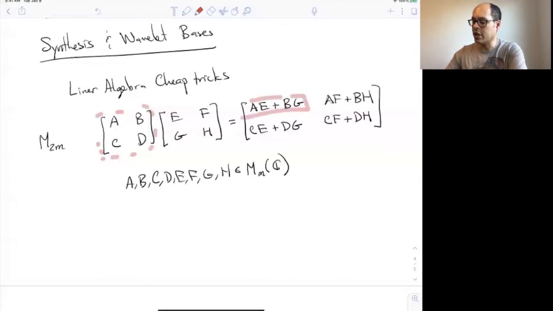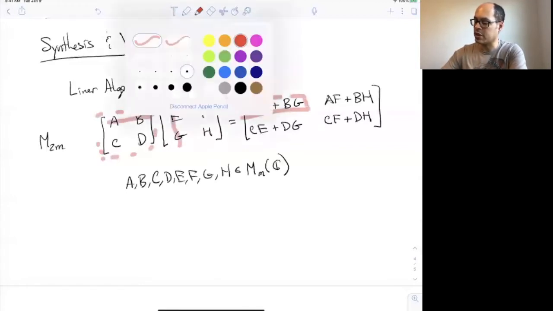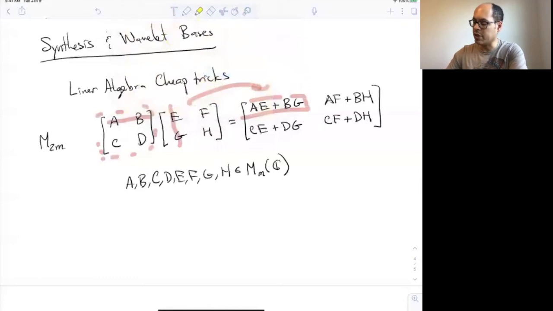You take these two guys, multiply by these two guys to get this expression here. You take these two guys and multiply by these two to get this expression there, etc. There's one little proviso though, which is that order matters. These are matrices and not numbers.